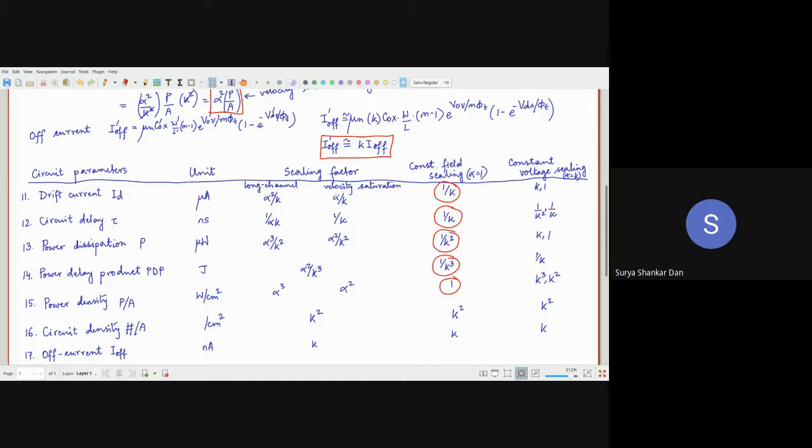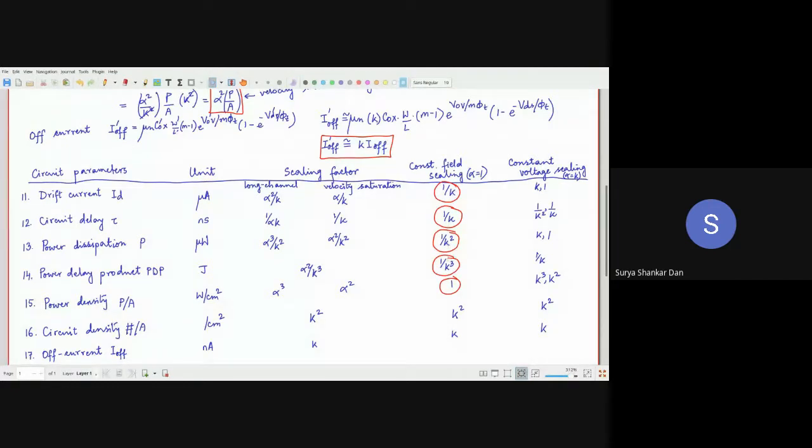So if we are speaking about the latest technology nodes, people have now started working on the 5 nanometer technology node. In 5 nanometers, it's 100% velocity saturation. But as long as you are maintaining the constant field scaling, you don't have to bother about this factor. And accordingly, you can get an estimate about the circuit delay, drain current, and everything based on the results which you already had in an established technology node like 180 nanometers.